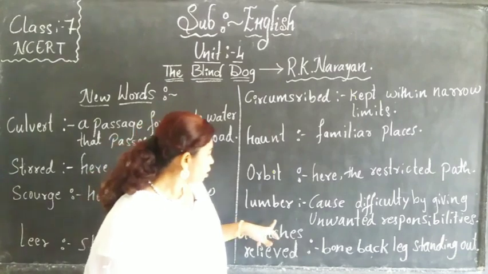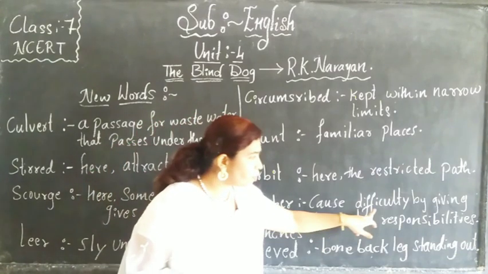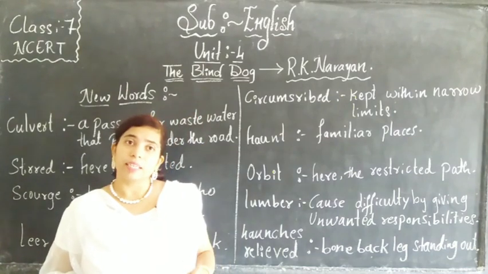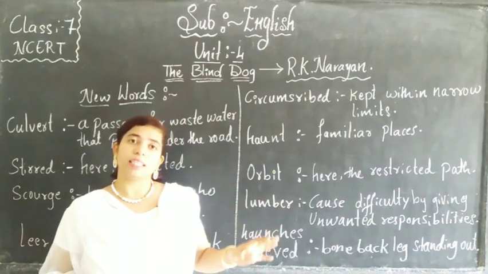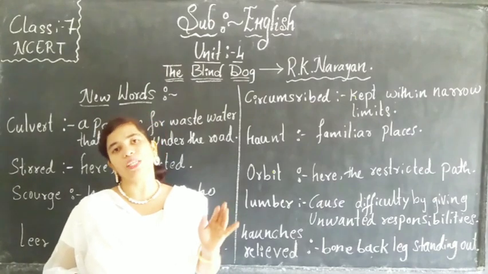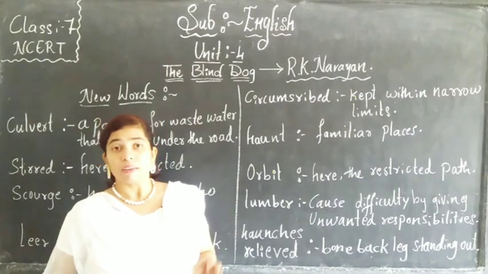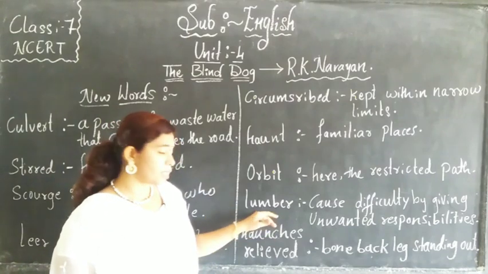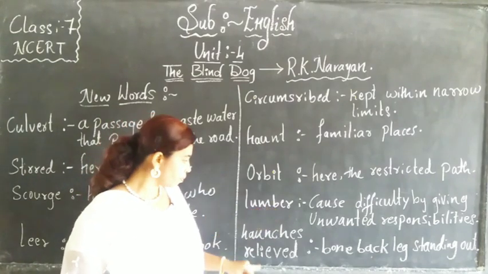Okay? Lumber. Cause difficulty by giving unwanted responsibilities. When a person or anything is not capable of doing that particular job or thing, when we are giving them the responsibility, that is called lumber. Okay?